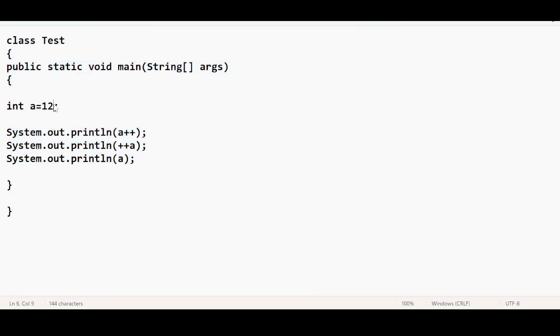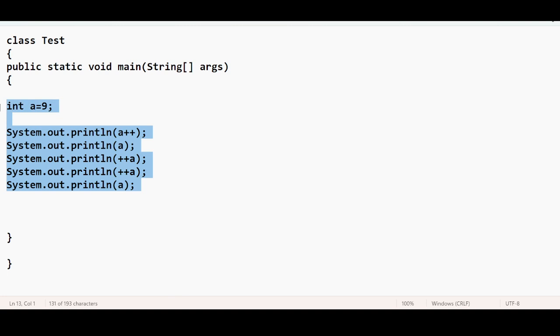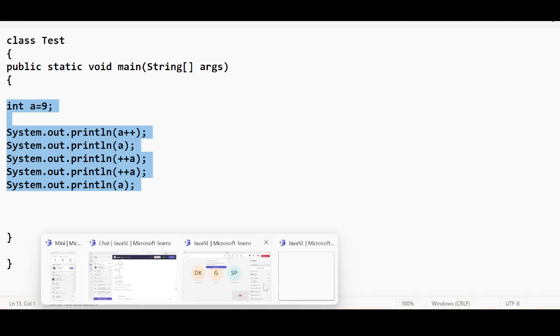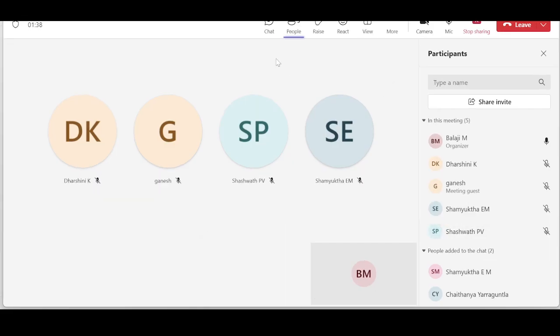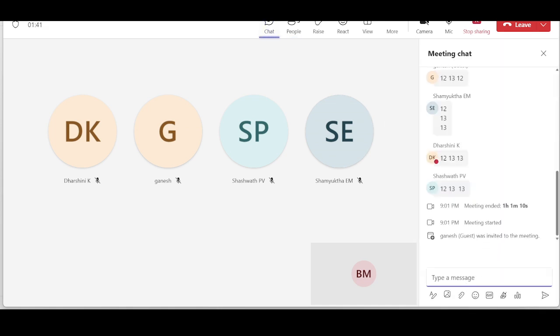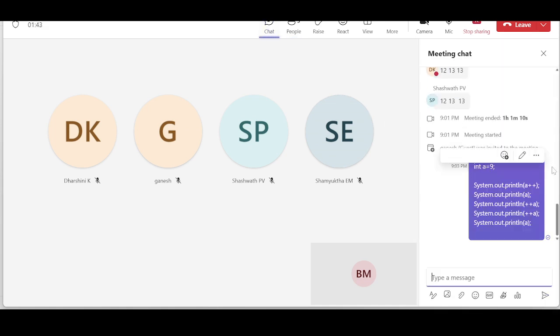Let us go back to another problem. We have 9, right? To answer this, a equal to 9.